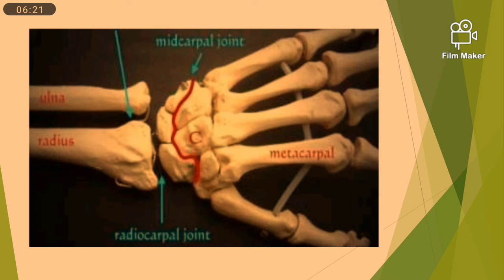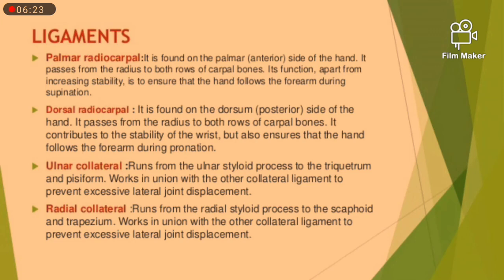Two segments. Now the ligaments. The palmar radiocarpal ligament is found on the palmar, anterior side of the hand. It passes from the radius to both rows of carpal bones and, apart from increasing stability, ensures the hand follows the forearm during supination.